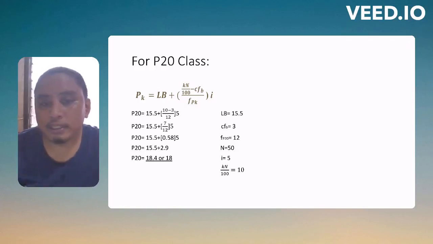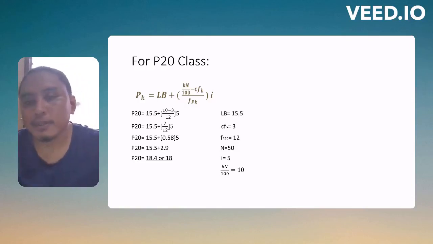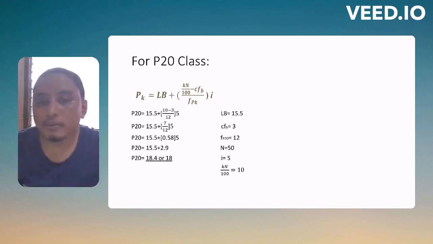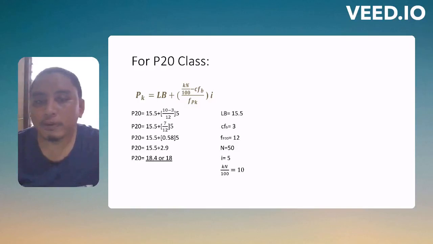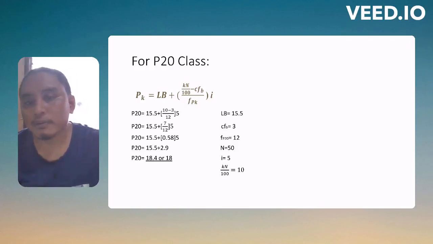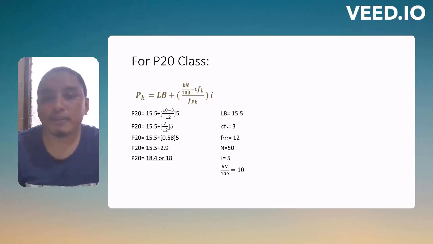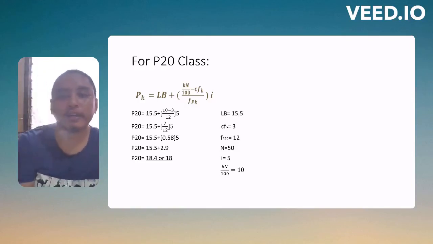So P20 is equal to 15.5 plus 0.58 multiplied by 5. So P20 is equal to 15.5 plus 2.9, which has a total of 18.4, or we can round it down to 18. So our P20 has a value of 18 or 18.4.